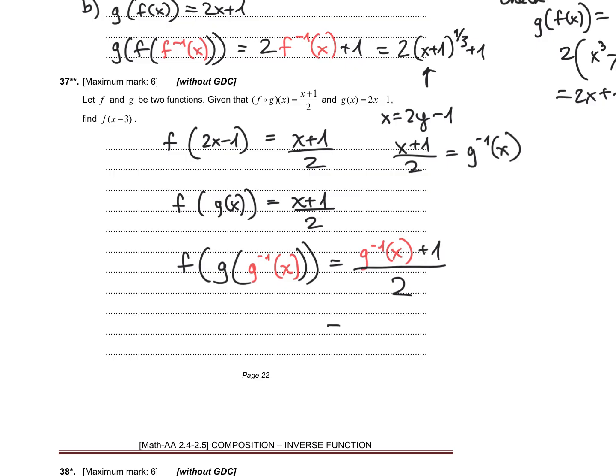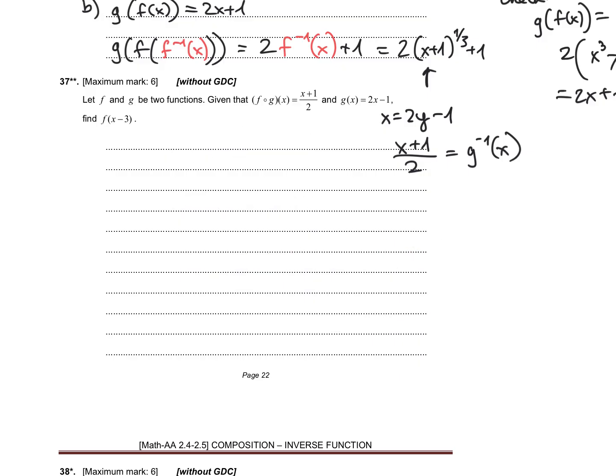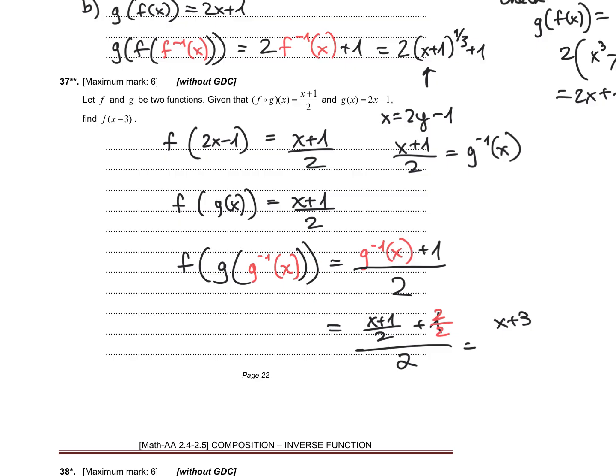Okay, so x plus 1 over 2 plus 1 over 2, changing this to a denominator of 2, we're going to have x plus 3 over 2, and then flipping and multiplying. So this is going to be x plus 3 over 4.